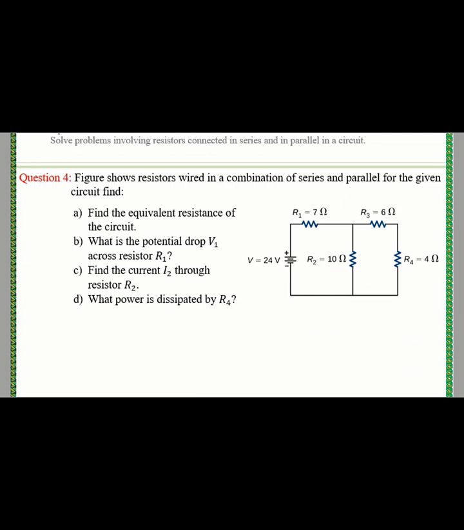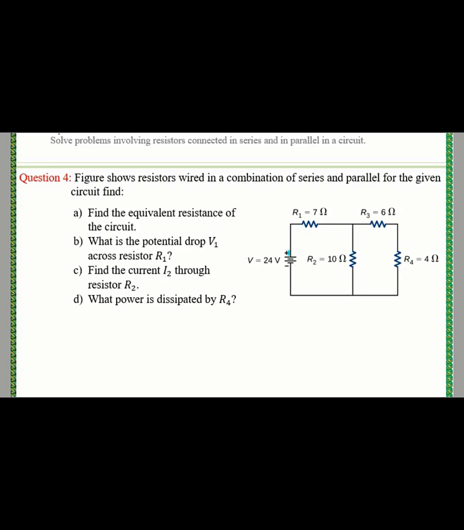Now start with a current flowing through the battery through R1, splitting here for R3 and R2. Are R3 and R2 in series? No, because there is splitting here. Are they in parallel? Again, no, because R2 ends here and R3 ends here before R4, so they have no common ending or beginning.